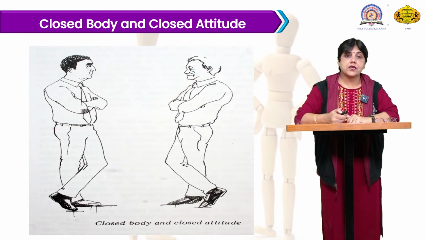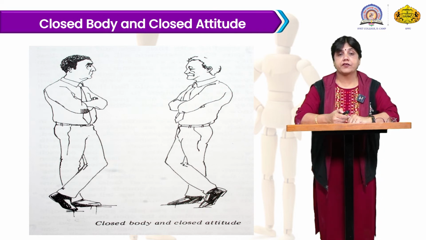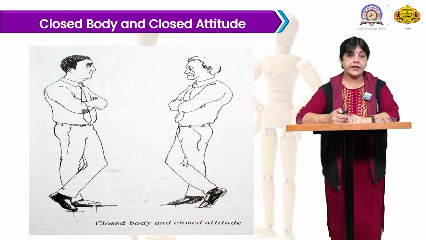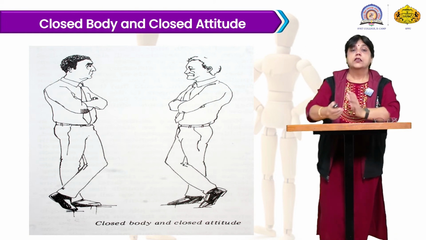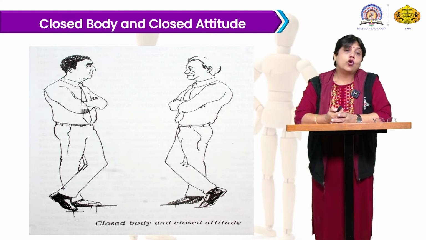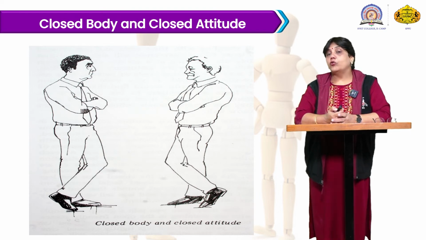Now you just see closed body language and closed attitude. If you are part of a team, you should avoid such body language where both the persons are standing cross-legged and cross-armed. That shows that neither am I going to open up what is going on in my heart and mind, nor am I going to accept your attitude.